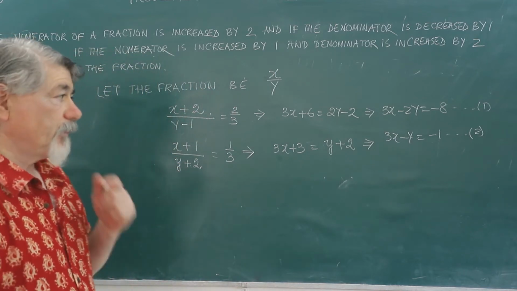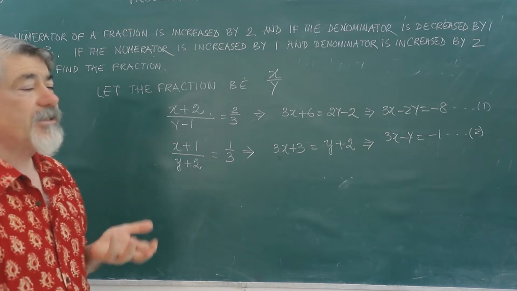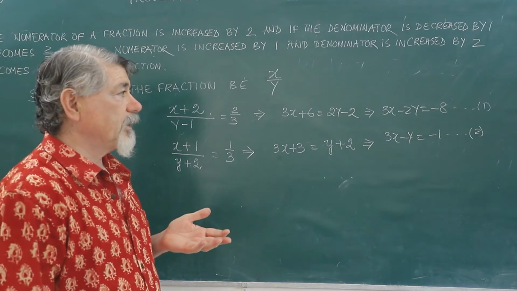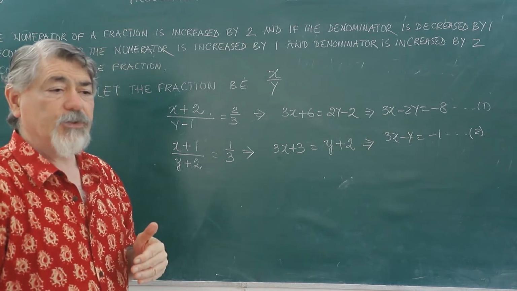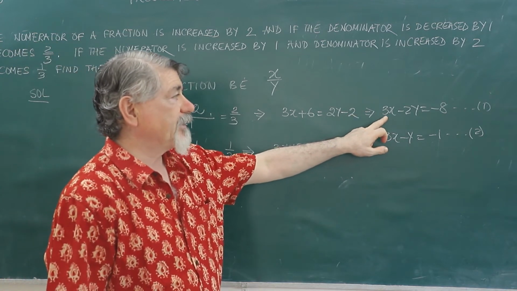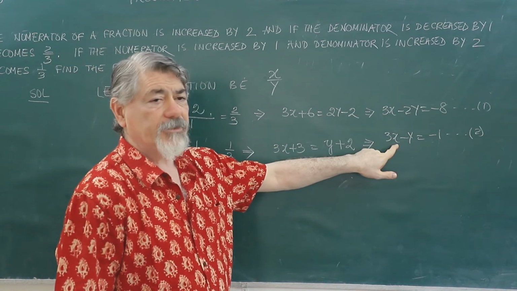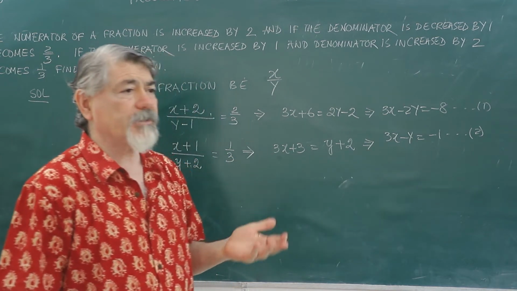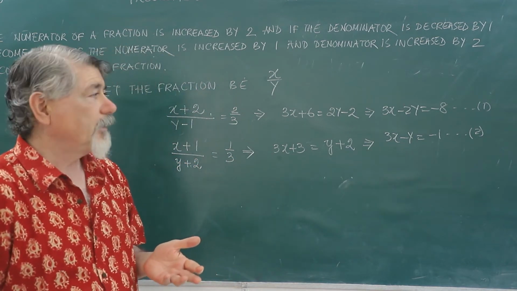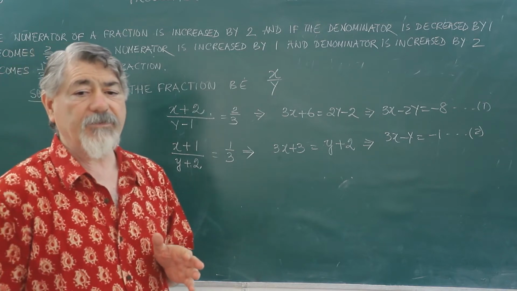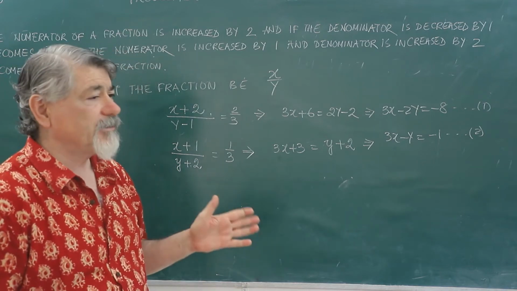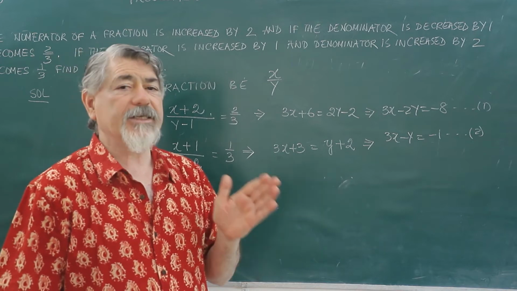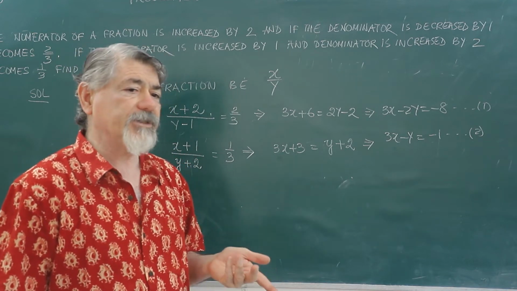It is very simple because already x coefficient in both the equation 1 as well as 2 are equal. The coefficient of x is here 3x, coefficient of x is 3x here. So what I can do is I simply will subtract equation 2 from equation 1 because I am using the method of elimination. For elimination you have to make x coefficient or y coefficient equal.